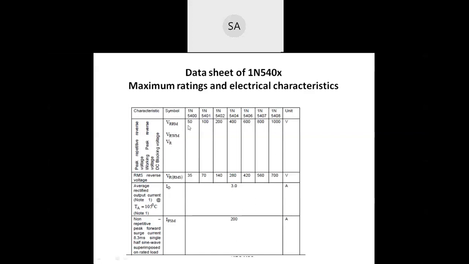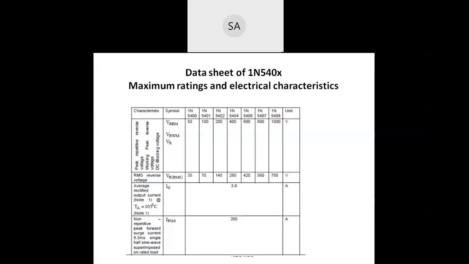These values are 50, 100, 200, 400, 600, 800, 1000. Compared to the IN400X series, it has high current ratings.